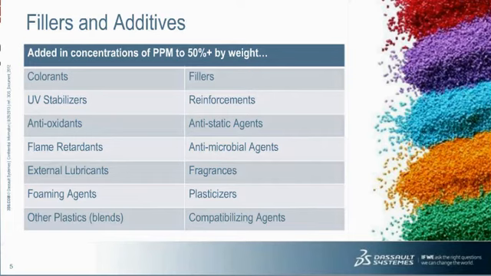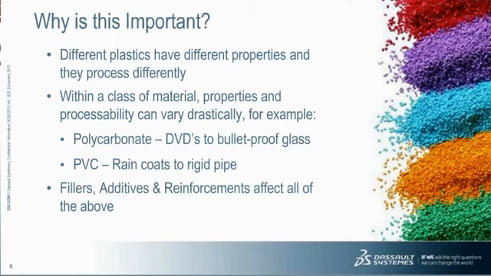And the reason why it's important to understand the effects of the use of fillers and additives is that different plastics have different properties and they process differently. So if we talk about polycarbonate versus polyethylene versus nylon, all of these materials have different properties. They all process differently. It's important to understand those differences when you're designing an injection mold. Within a class of material, the properties and the processability can vary drastically. So for example, you can have polycarbonate that's used to make DVDs.